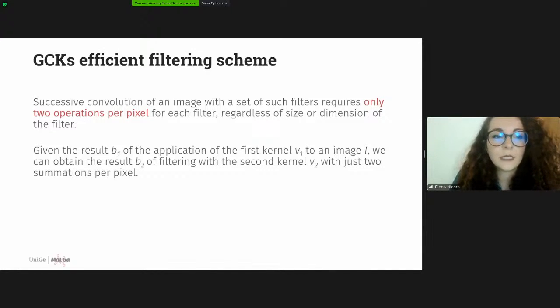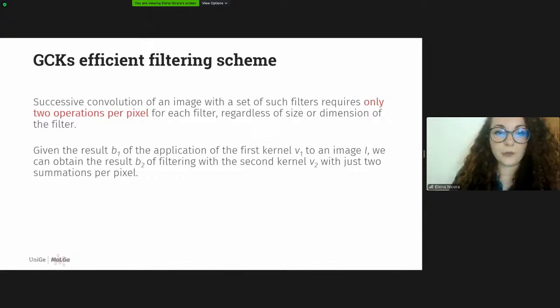So let's see what this efficiency is about. Basically, when using a set of such filters, successive convolution of an image will require only 2 operations per pixel for each filter, regardless of the size of the kernel.